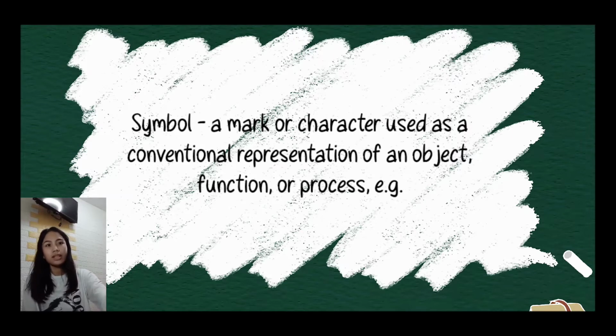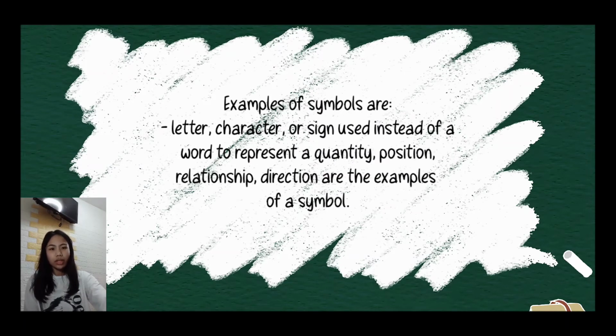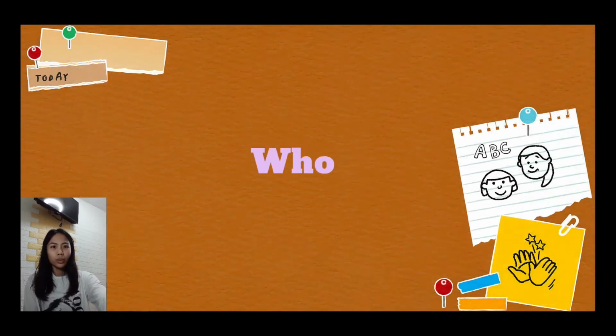It explains that it is a thing that represents or stands for something else, especially a material object representing something abstract. It is a letter, character, or sign used instead of a word to represent a quantity, position, relationship, direction, or something to be done.